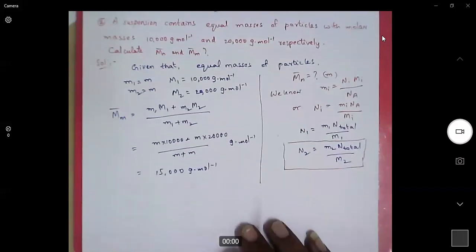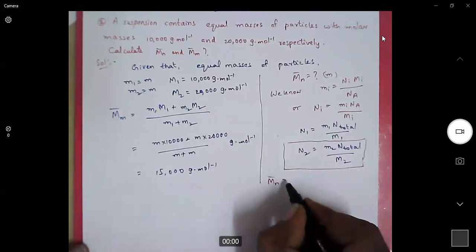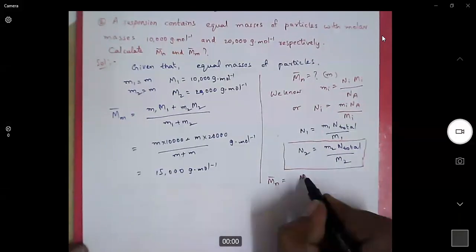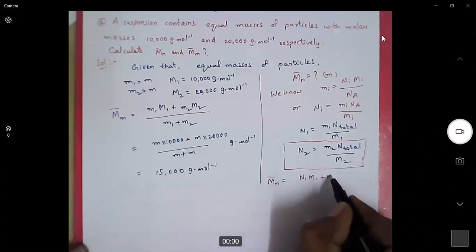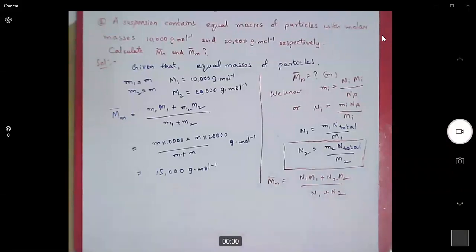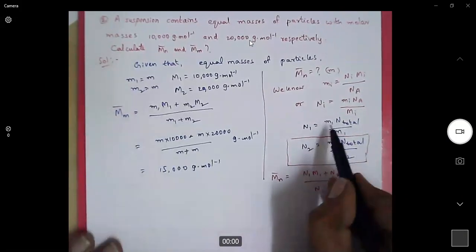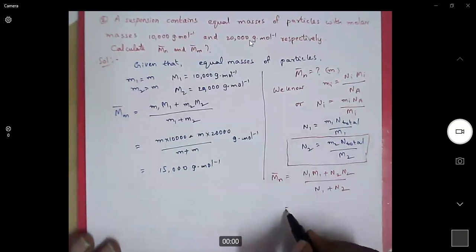Now, what is the formula for number average molecular mass? It is N1 M1 plus N2 M2 by N1 plus N2. We need to convert these numbers into masses. We have already derived the formula to convert mass into numbers, so we will substitute it here.